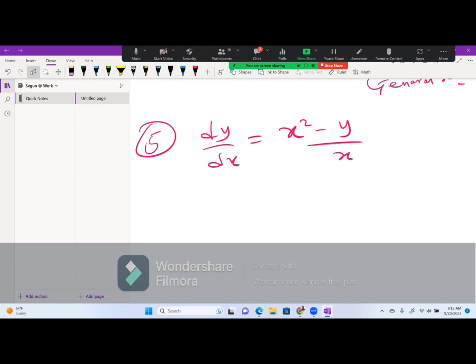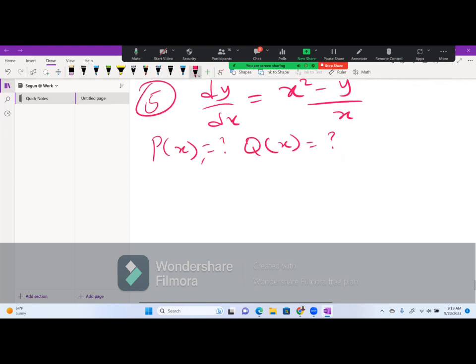How do you solve it? What is your p of x and your q of x? What comes to your mind? How do we arrive at this form: y prime plus p of x times y equals q of x?